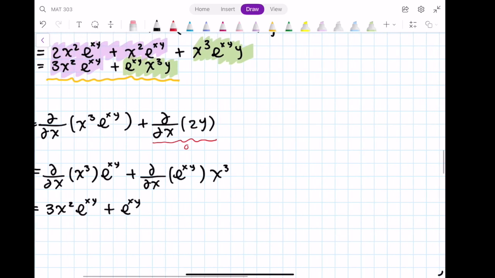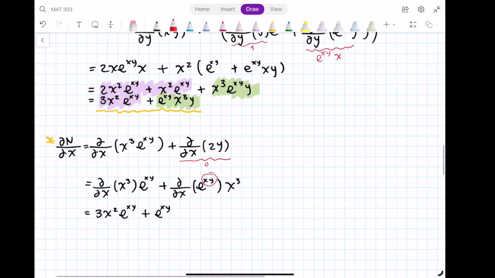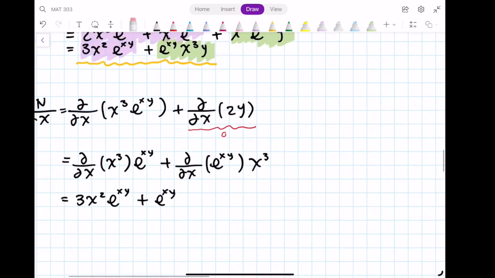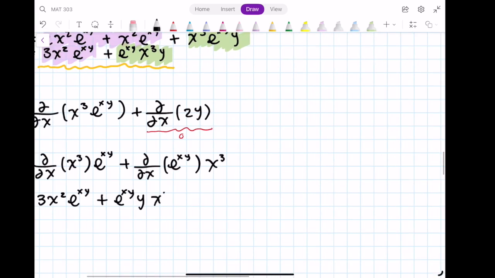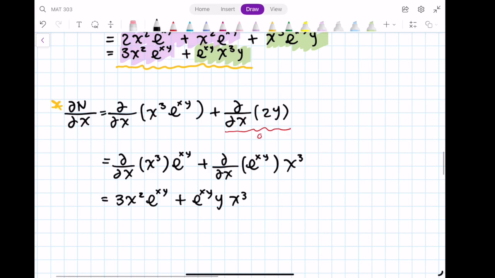But remember, as we did before, we have to get the partial of this also. So the partial of xy is gonna be just y, because we're taking the partial of x, so it's gonna be y, and our x cubed is the same.